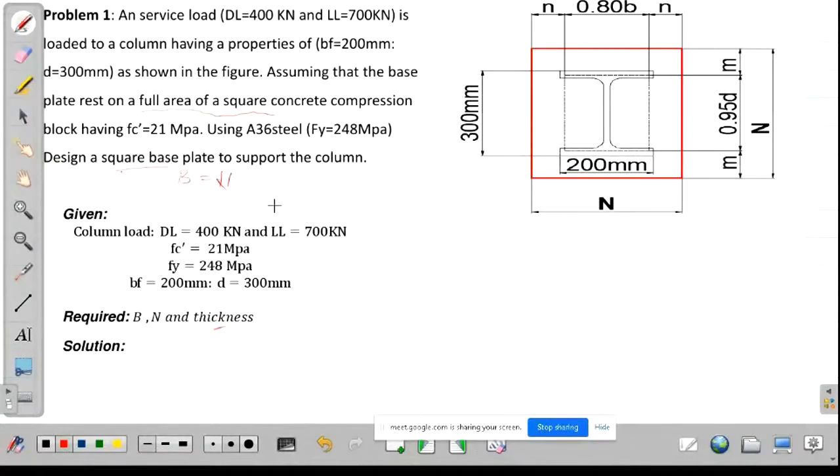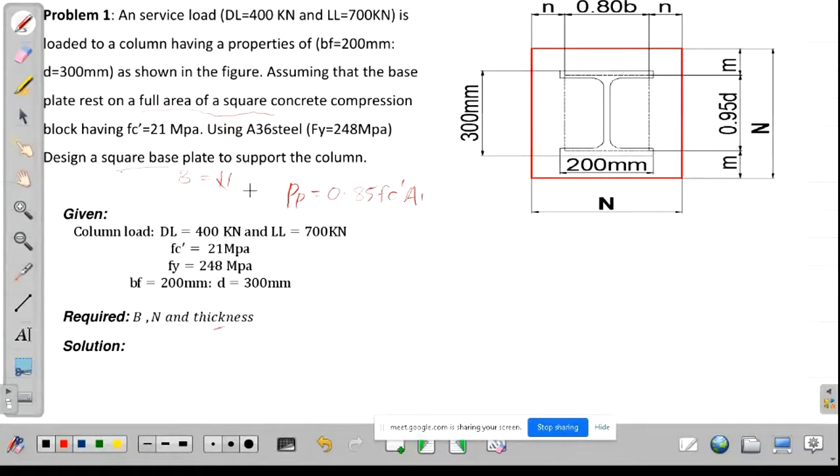So pag full area, di ba, yung past slide natin, our equation for our nominal strength is equal to 0.85 FC prime A1. Diba? Yan yung ating equation. So ano yung unang kukunin natin?